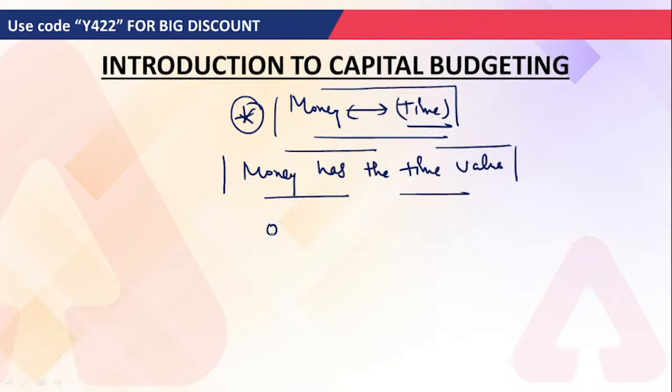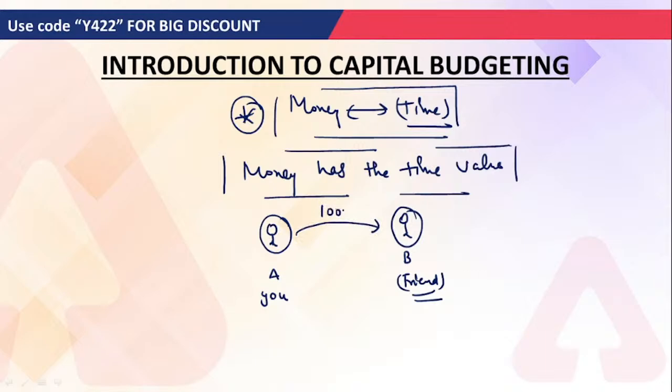Suppose this is you, and your name is A. And this is your friend, whose name is B. Suppose your friend borrowed some amount from you, let's say 1000 rupees, and you gave your friend 1000 rupees.